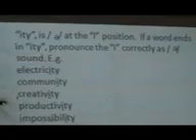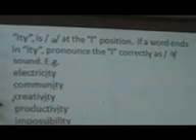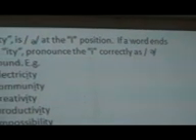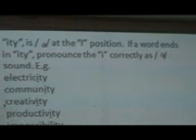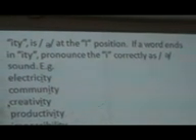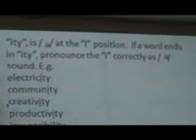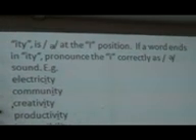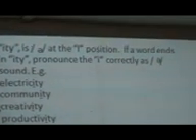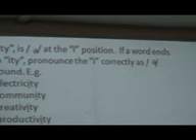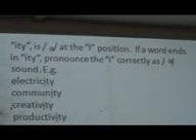The phonetic symbol of words ending in I-T-Y is A at the E position. If a word ends in I-T-Y, pronounce the E correctly as A sound.